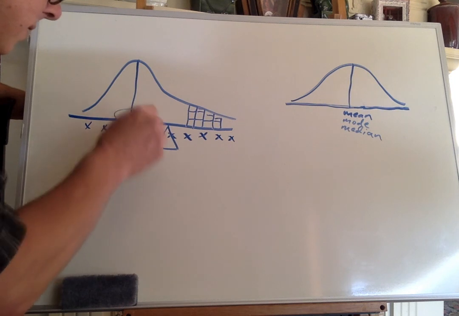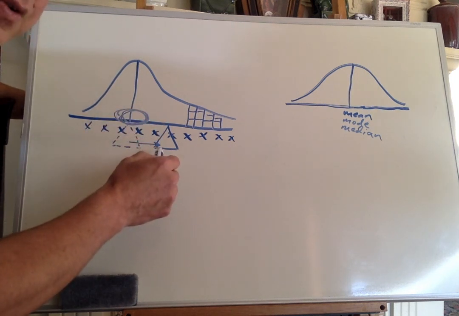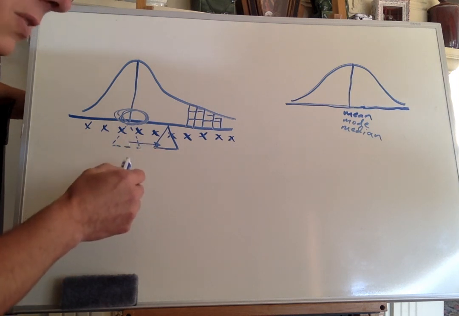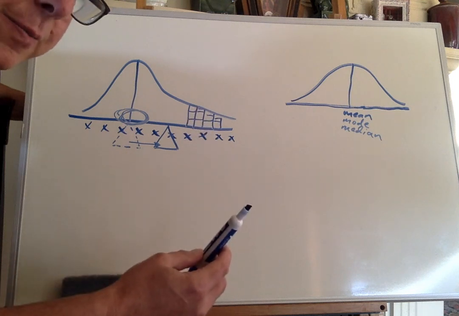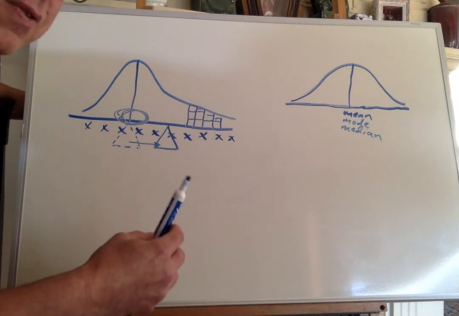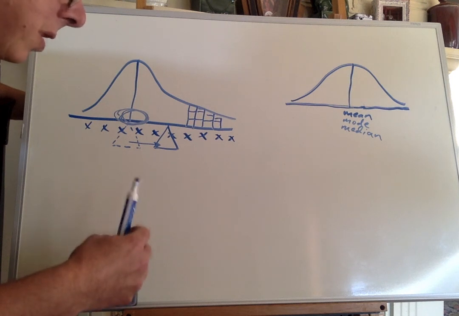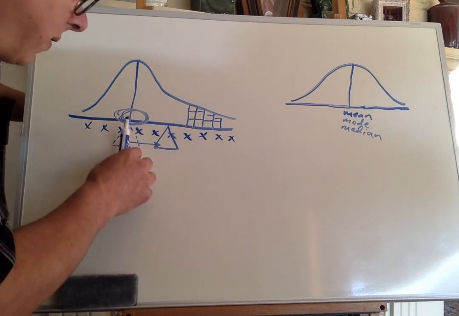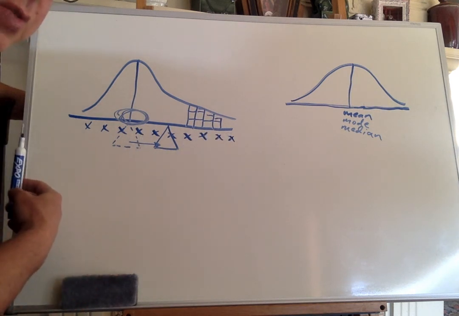So the median is still going to be in here somewhere, even though the mean gets pulled out. So when we have a skewed distribution, people typically will use the median instead of the mean as a measure of central tendency. And that's true whether it's a positively skewed distribution or a negatively skewed distribution.